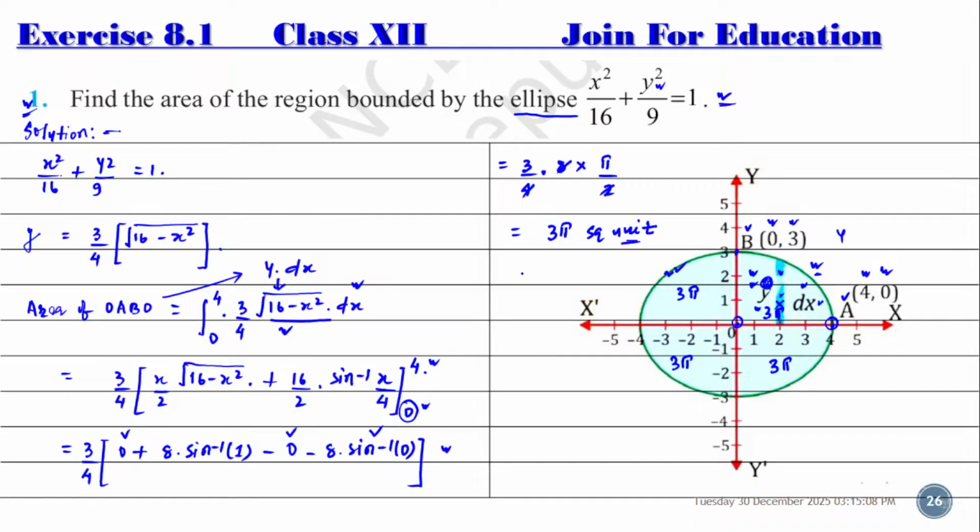So the area of the region bounded by the ellipse equal to 4 into 3 pi square unit, that is 12 pi square unit. There is no problem to understand the solution of this question.